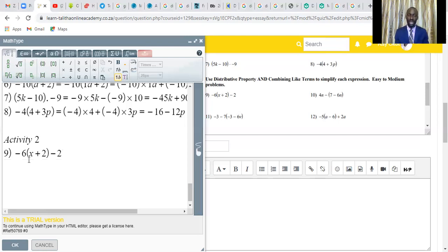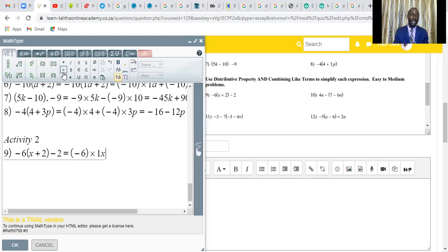So what we are trying to say here is that we are going to have this negative 6 being distributed onto what? Well, this negative 6 will then be distributed onto x. So we are going to be negative 6 distributed onto x. Or we can call it 1x.